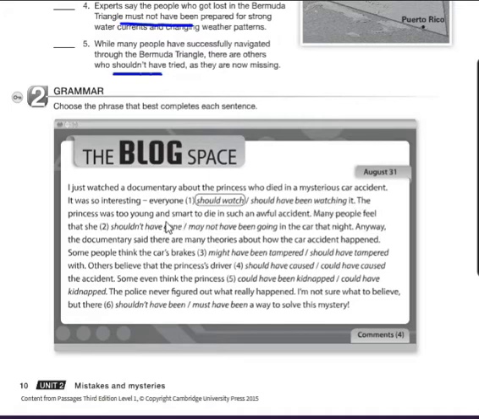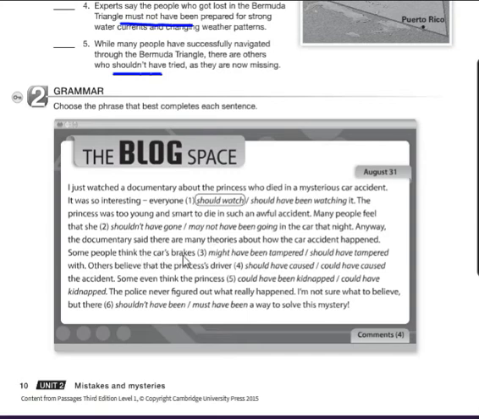The princess was too young and smart to die in such an awful accident. Many people feel that she shouldn't have gone and may not have been going in the car that night. Anyway, the documentary said there are many theories about how the car accident happened.